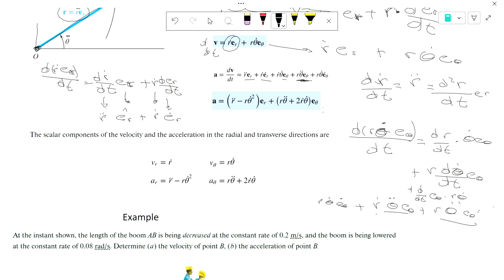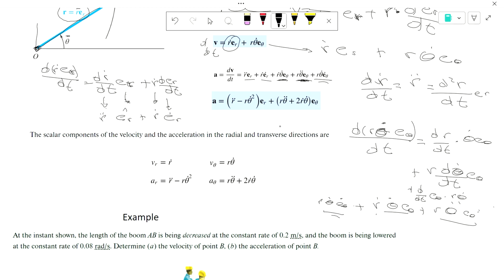I apologize, I have another mistake. Actually, dr dt is r dot in theta dot, so that is this one, and then the unit vector, because we have to derive that too, r theta dot e theta dot. All right, that's this guy.